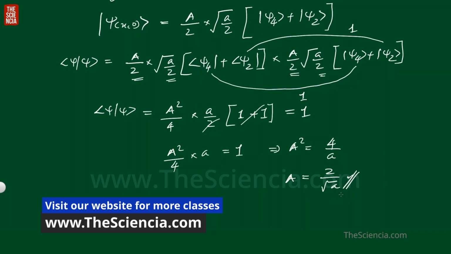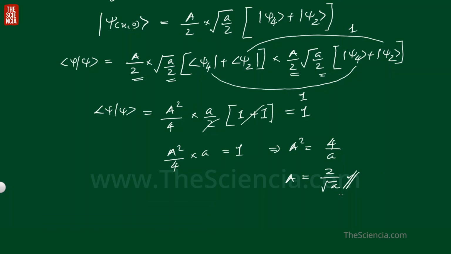Okay. Now by substituting this A value in the above equation, that is psi of x0 is equal to A, that is 2 by 2 root A into root A by 2 into psi 4 plus psi 2. So this is the normalized wave function.